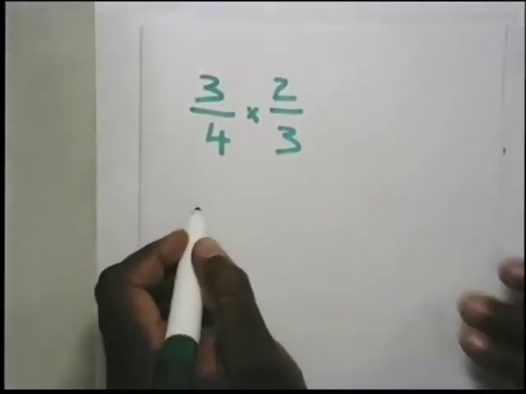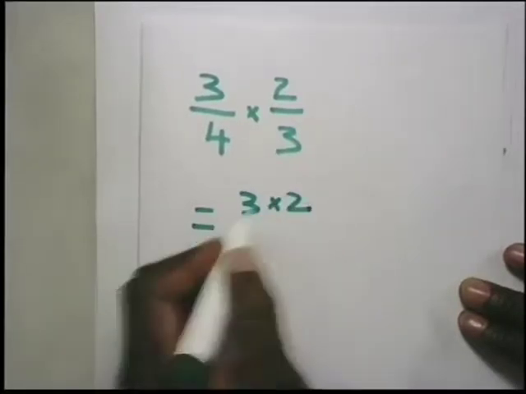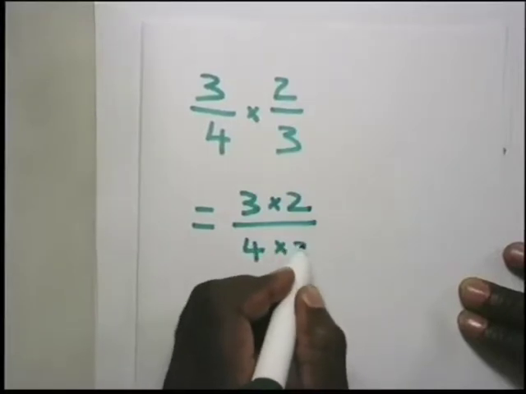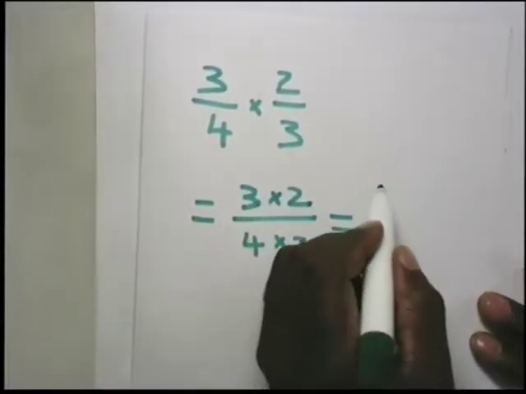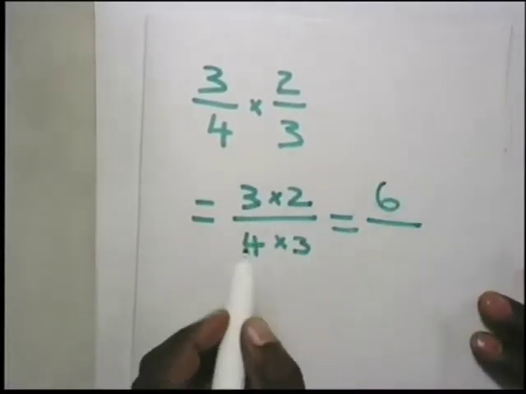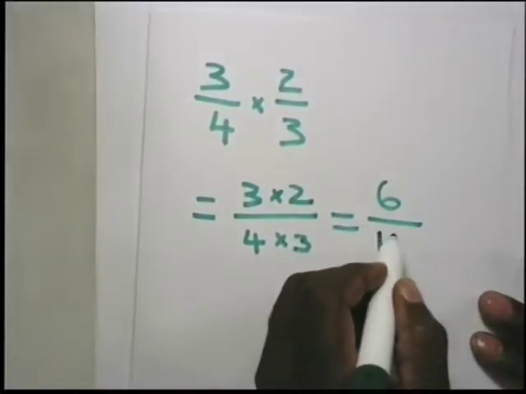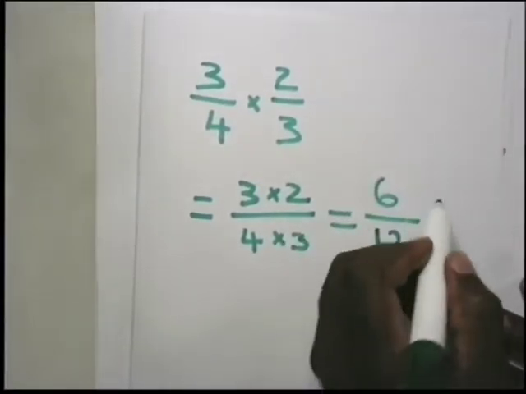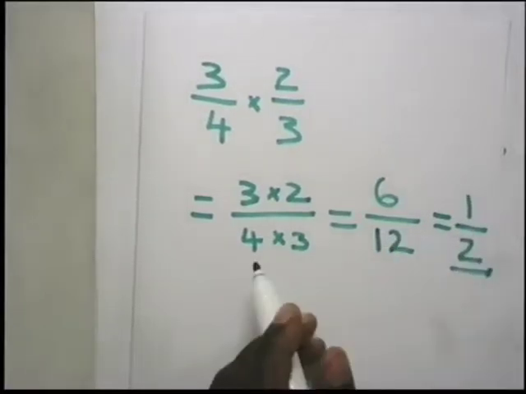So in this case, we will have 3 multiplied by 2 divided by 4 multiplied by 3. So 3 multiplied by 2 is 6, divided by 4 multiplied by 3, which is 12. In simplifying this, we will realize this is the same as a half. So that is what we can do in this regard.